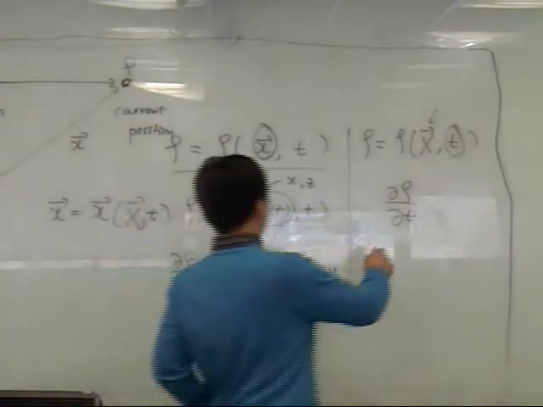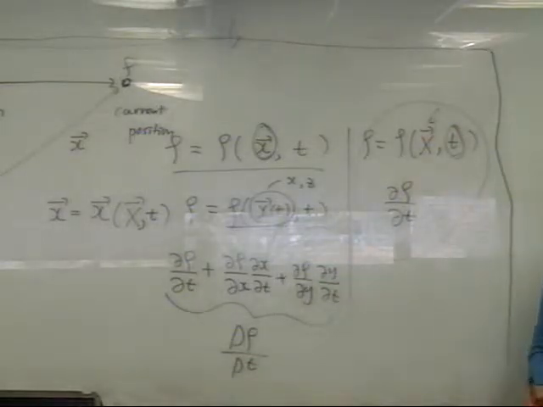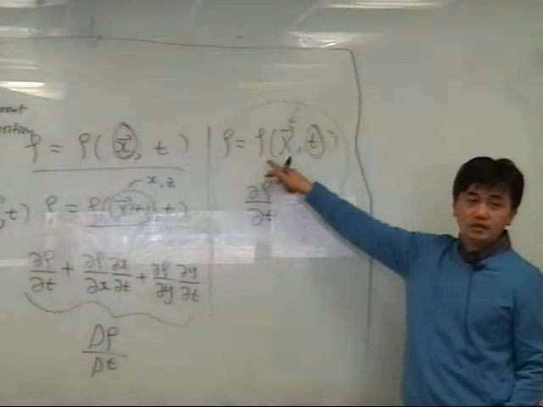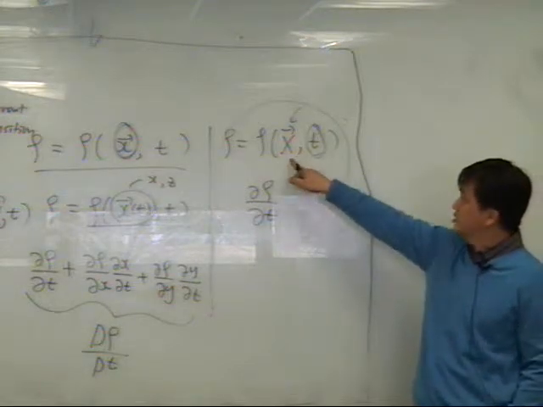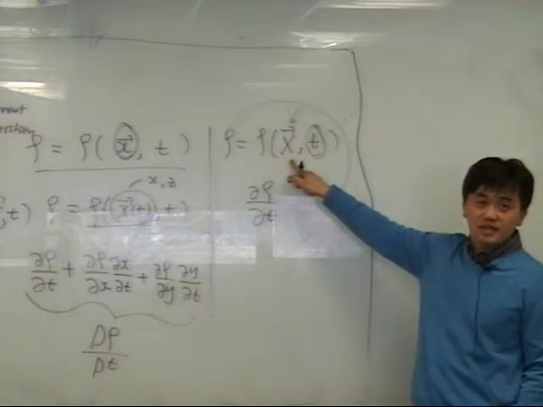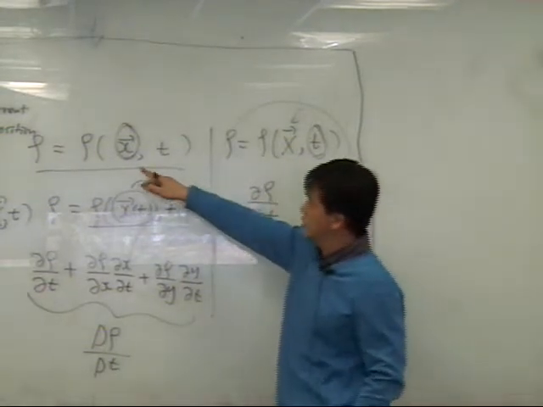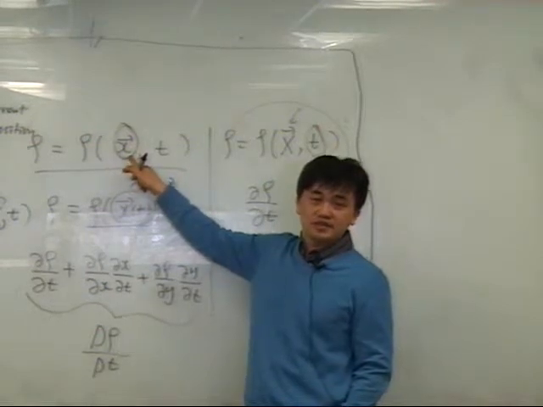Actually, this approach is much simpler. Much simpler. The density is only a function of time. Very simple. Its reference is fixed, right? X, just X, the fixed reference. Here our reference is changing, because our reference is always current.